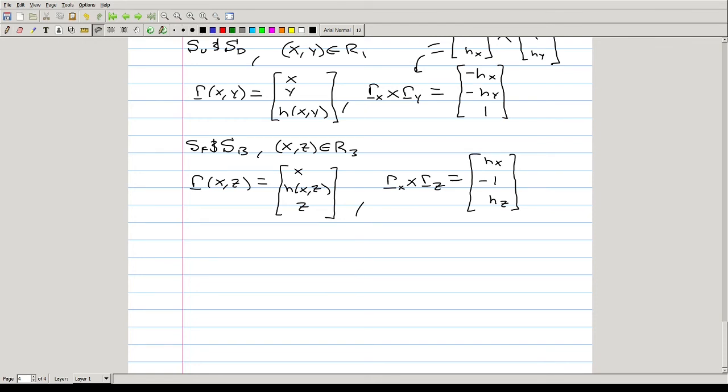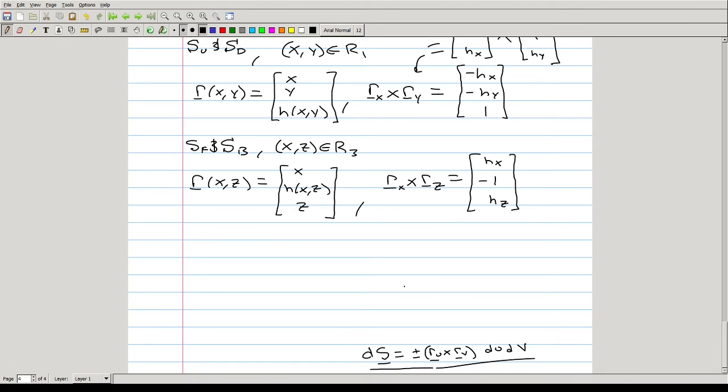So it's important to remember that in any parameterization, dS in your surface integral is always going to be plus or minus ru cross rv du dv when you plug into your surface integral.